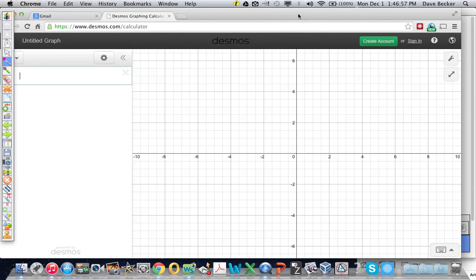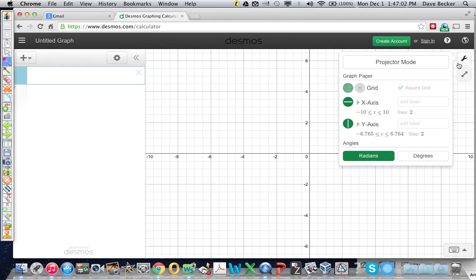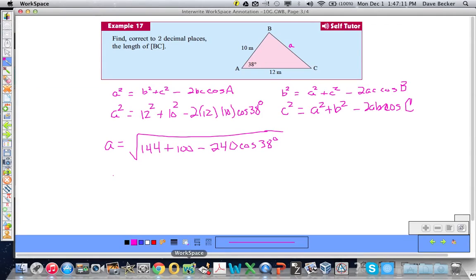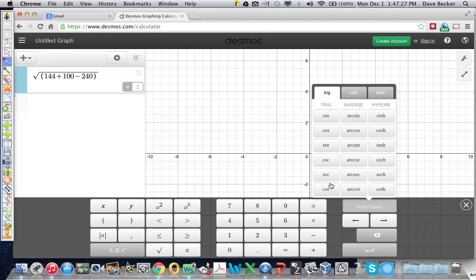Okay, so first thing I'm going to do is make sure that I'm in degrees. So I'm going to go over to my tool thing, and I'm in radians, and I'm going to be in degrees. So now I'm going to do square root, parentheses, 144 plus 100 minus 240 times the cosine, and I believe it was 38.